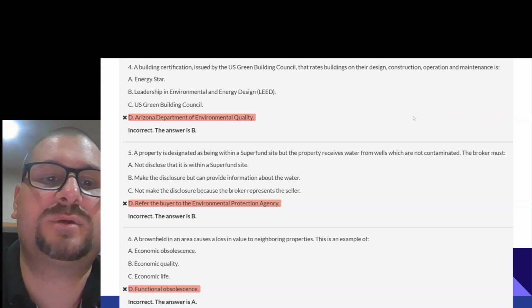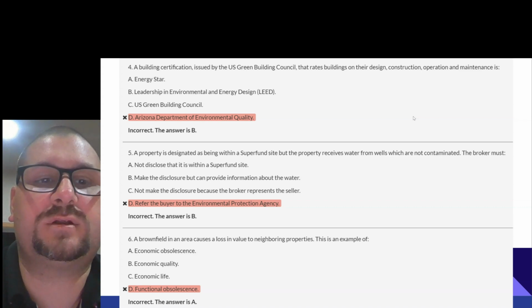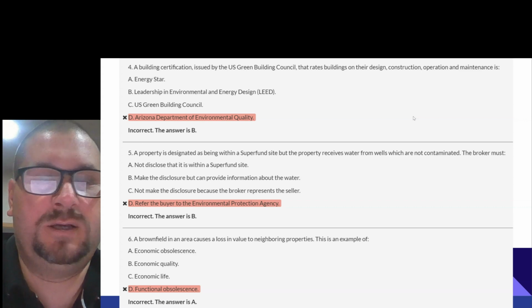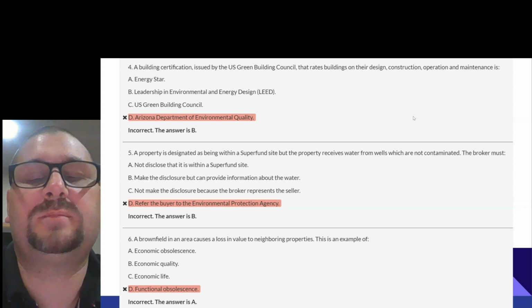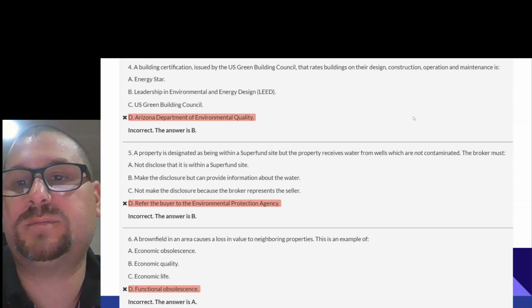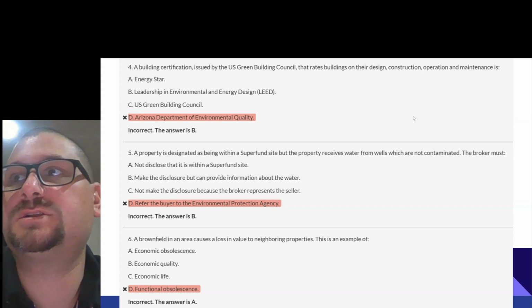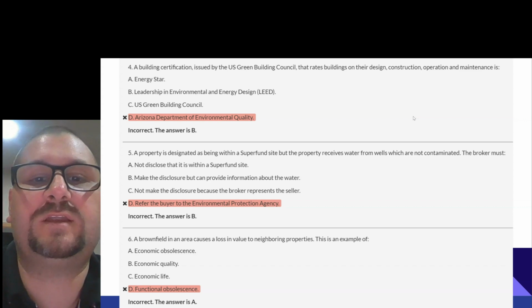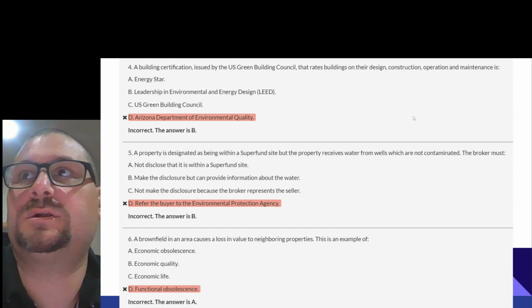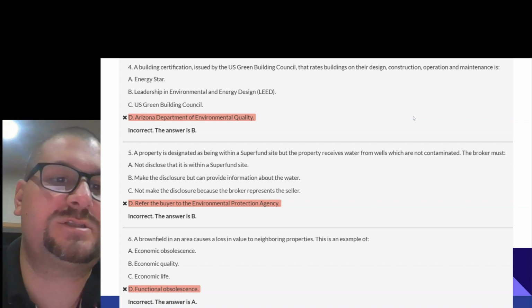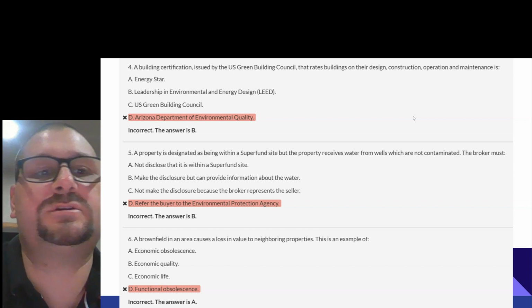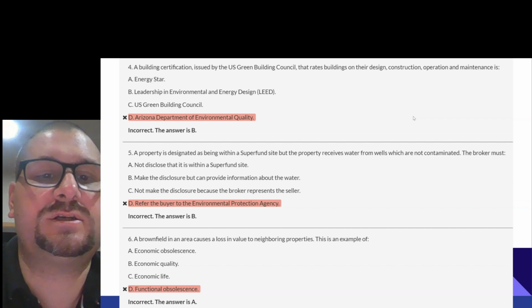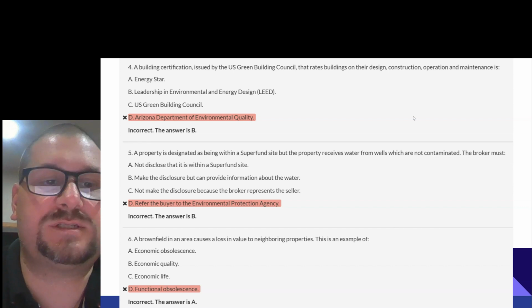Can they not disclose that it is within a Superfund site? No. If it's a material fact, which this is, you have to disclose. Not make the disclosure because the broker represents the seller? No. Refer the buyer to the Environmental Protection Agency? No.